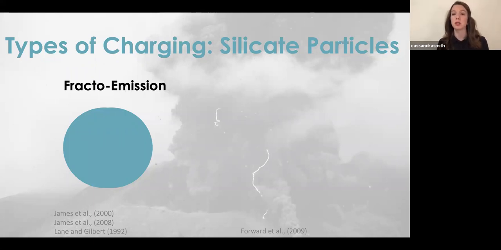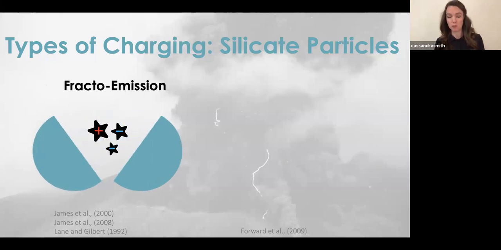So the first type of charging that can happen is fractoemission charging. So this is where you have a particle. In this case, that's my turquoise sphere here on the page. And if you imagine that as a chunk of solidified magma, during the eruption, it may fragment and break apart. And when it does that, it can release charge into the plume, and then these different particles can be differentially charged as well.